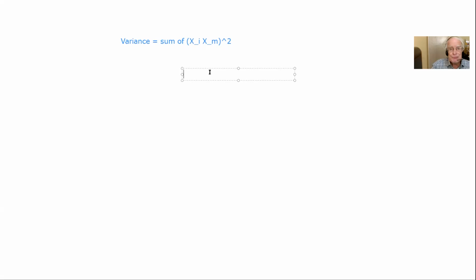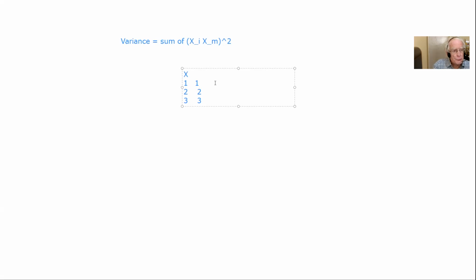So here is a numerical example. Suppose that x has 1, 2, or 3 values. And the first value, to make it simple, is 1. The second value is 2. And the third value is 3.